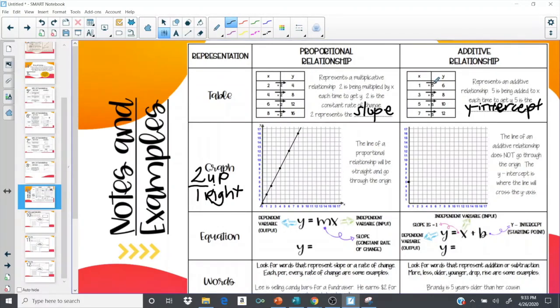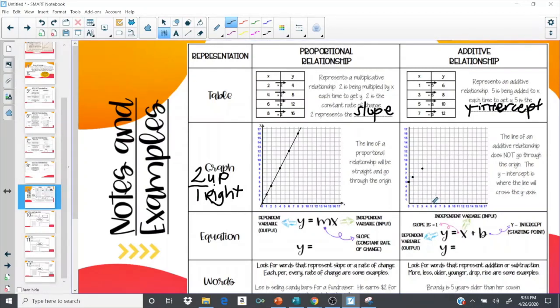From there, you can plot the points from our graph. So 1, 6. To plot that, you will start at the origin, move over 1 to the right, and then up 6. 3, 8. Start at the origin, move right 3 units, and then up 8 units. 5, 10.